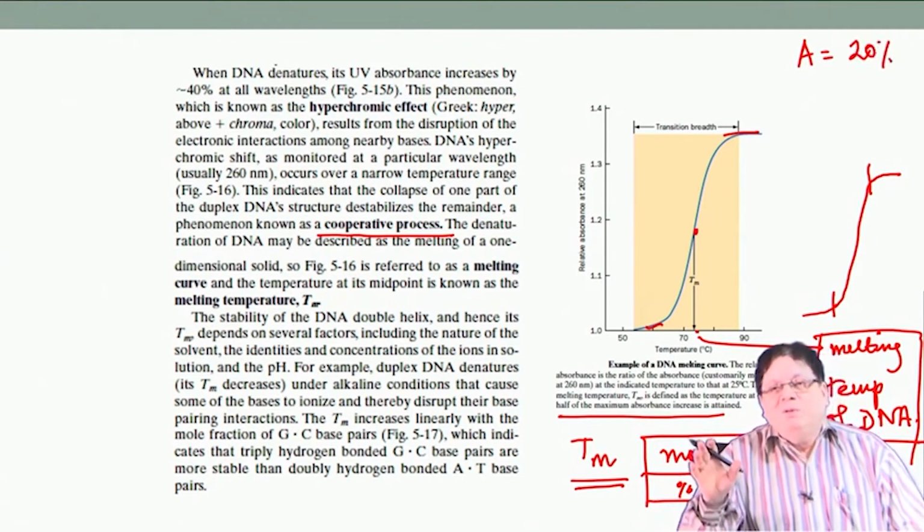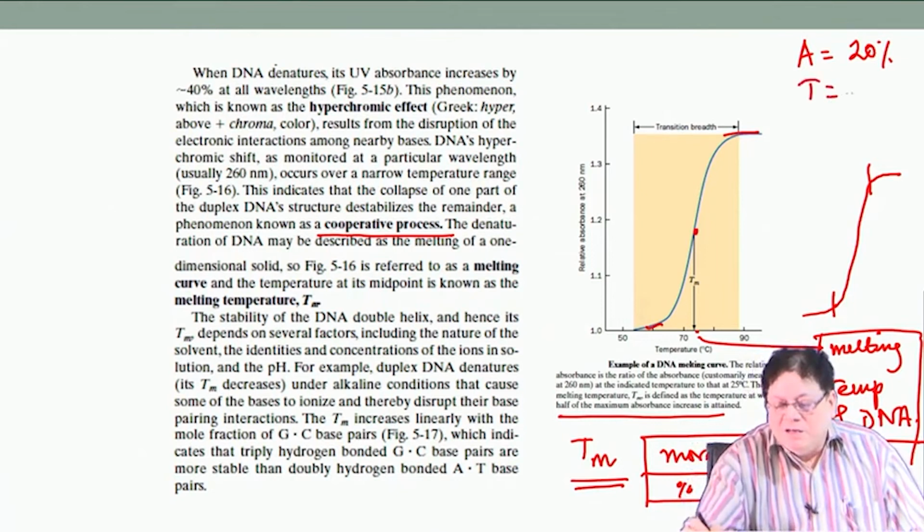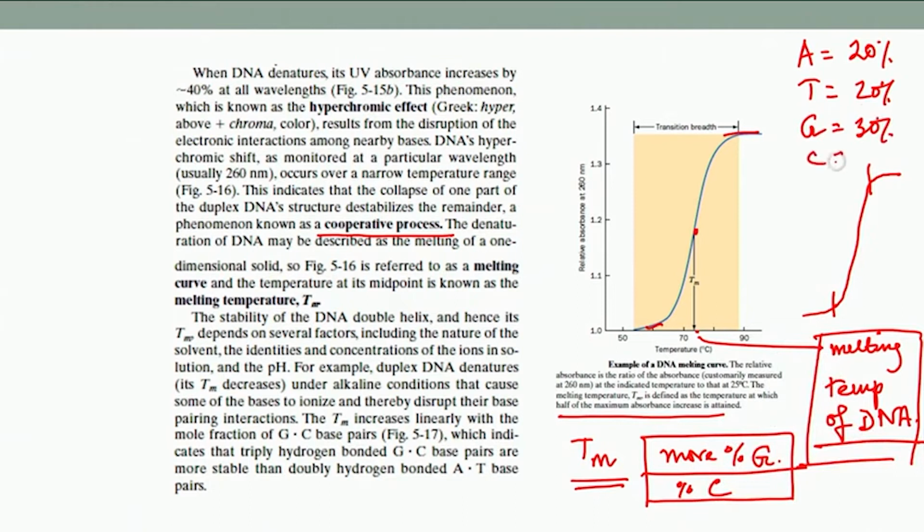That will give you the percentage of all the other 3, because if A is 20%, T is 20%, and that will consume 40%. So, out of the rest 60, G is 30 and C is 30. So, you do not have to analyze all, you can analyze only one and get the other ones. Okay. So, the Tm depends on the percentage of G and C.